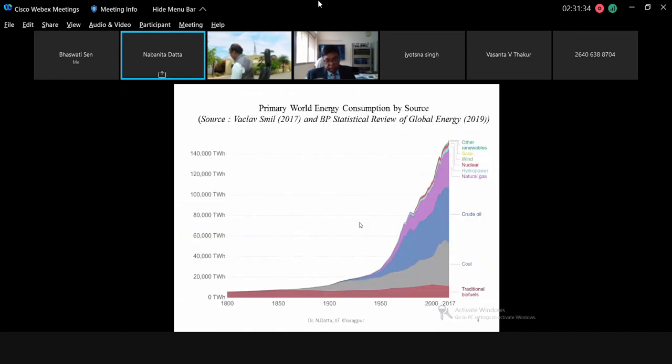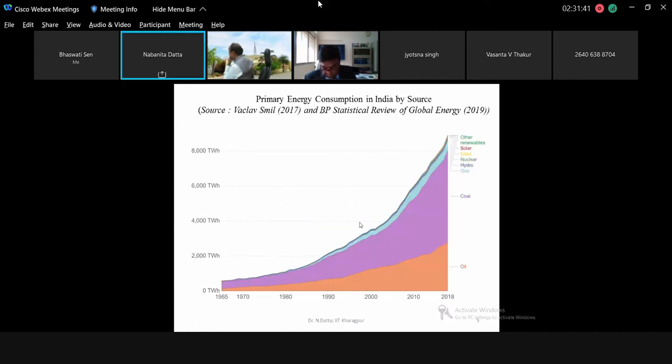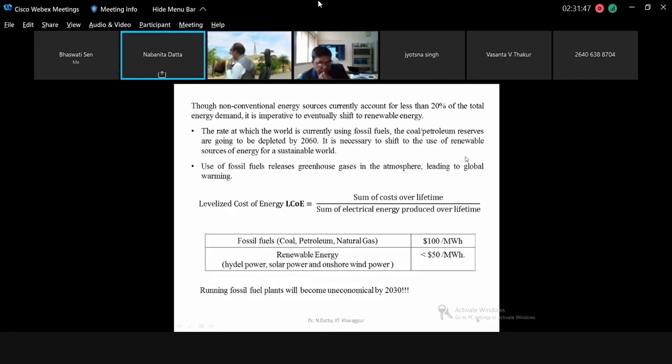We know that fossil fuel consumption has to stop, and we find that the consumption of renewable energy has grown slowly. Dr. Balaraman mentioned LCOE in his presentation.